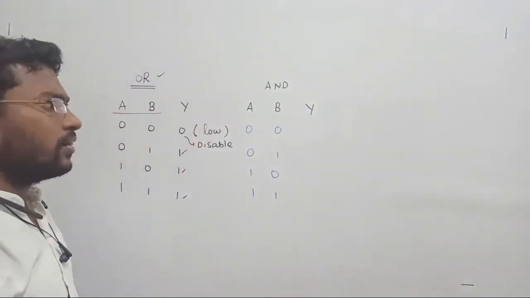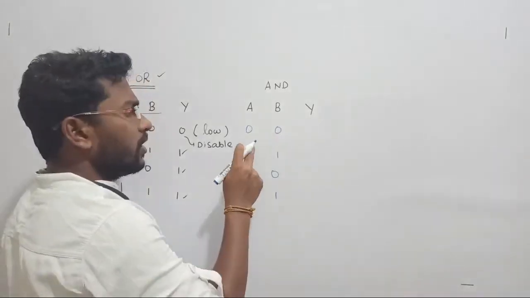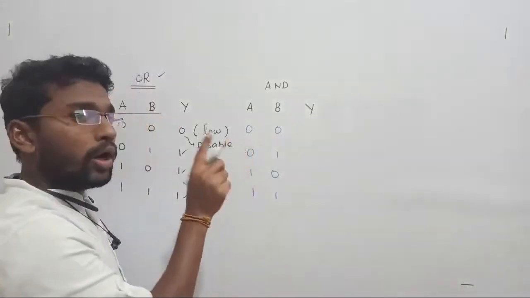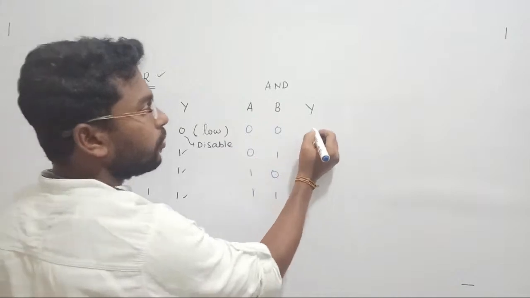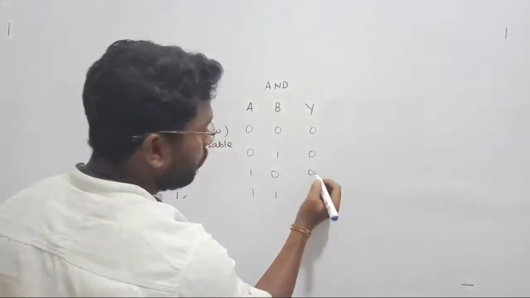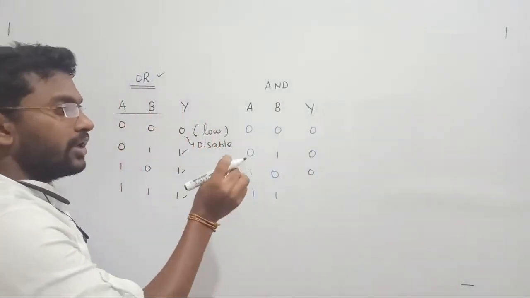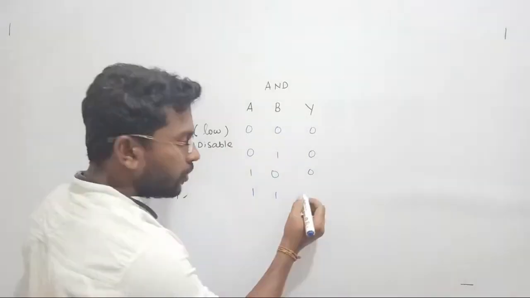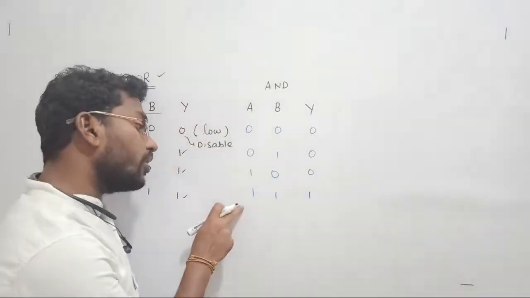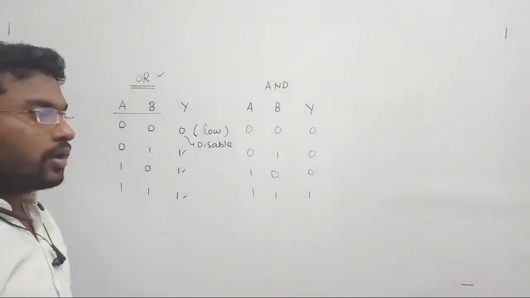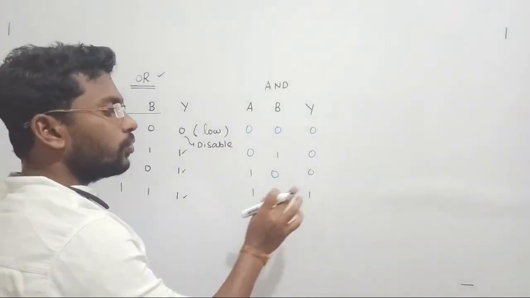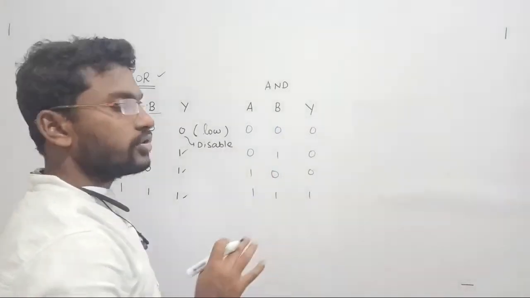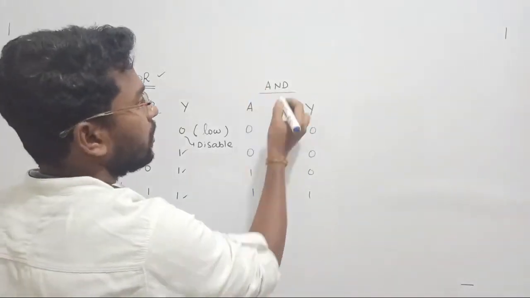In case of AND, if at least one input is disabled, the output is going to be disabled. In AND operation, your output is going to be enabled only when all your inputs are enabled. Input pins enabled, output will be enabled. Otherwise, your output is going to be 0. Clear? So that is called the AND gate.